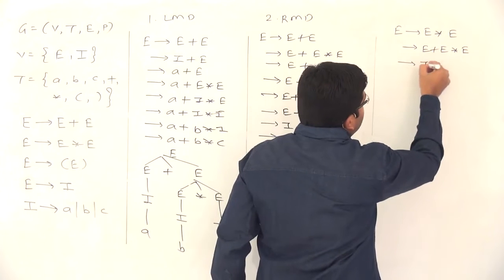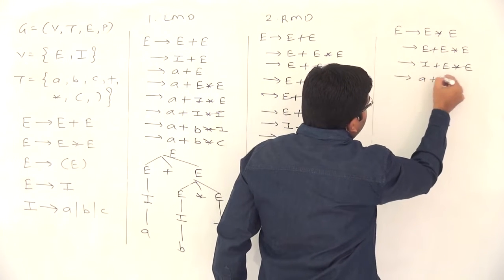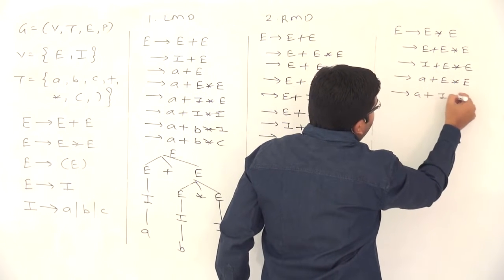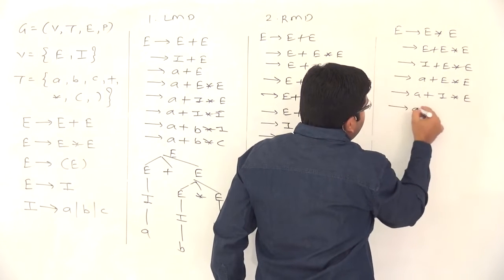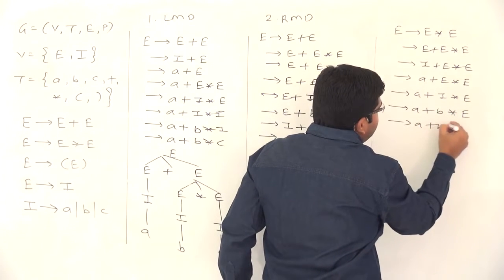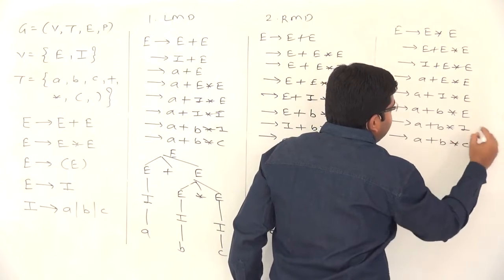So this E will be replaced with I plus E multiplied by E, then a plus E multiplied by E, then a plus I multiplied by E, a plus b multiplied by E, then a plus b multiplied by I, and finally a plus b multiplied by c.